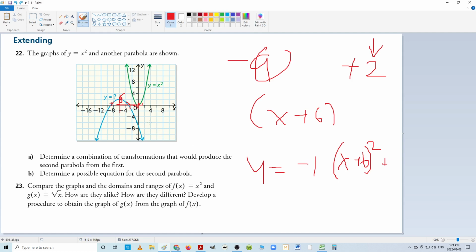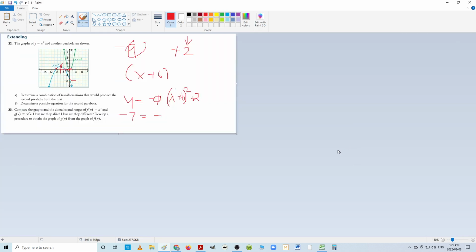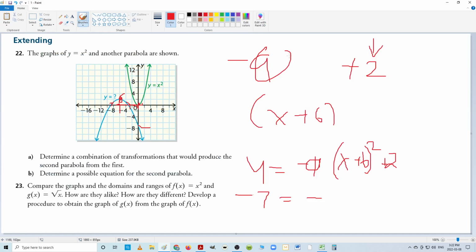For instance, I would just leave that as a, and then I would find a value for it. Let's see if there's a clear-cut value down here. This looks right here like minus 7 comma 0. So then I'm going to put in a 0 for x and a minus 7 for y, and leave that as a plus 2. Why am I doing that? So I know it's a minus a, I just don't know what a is.